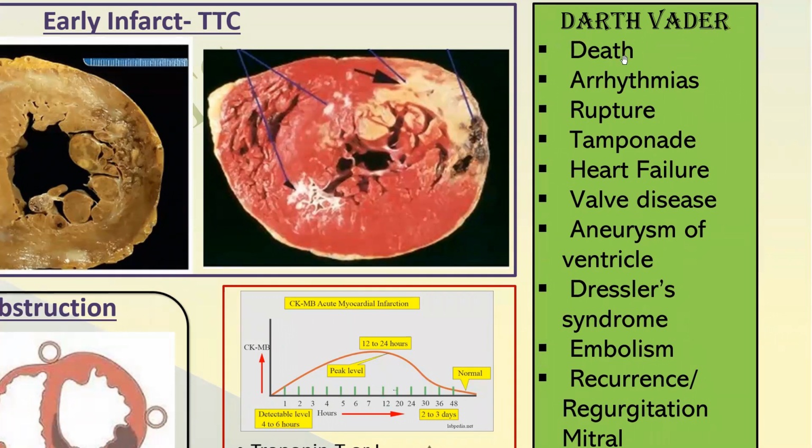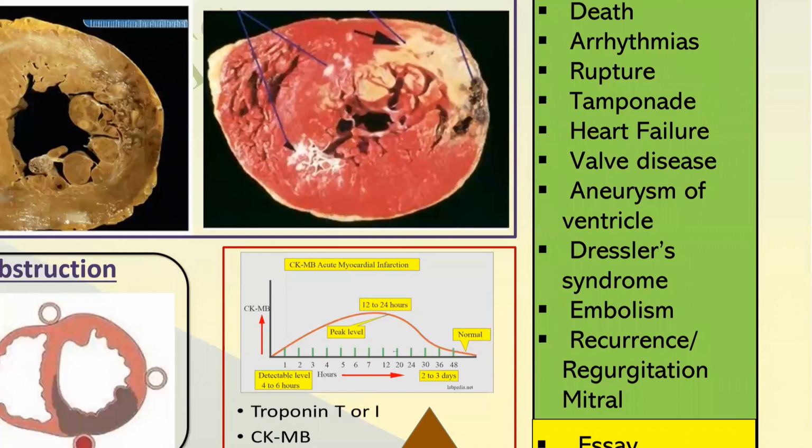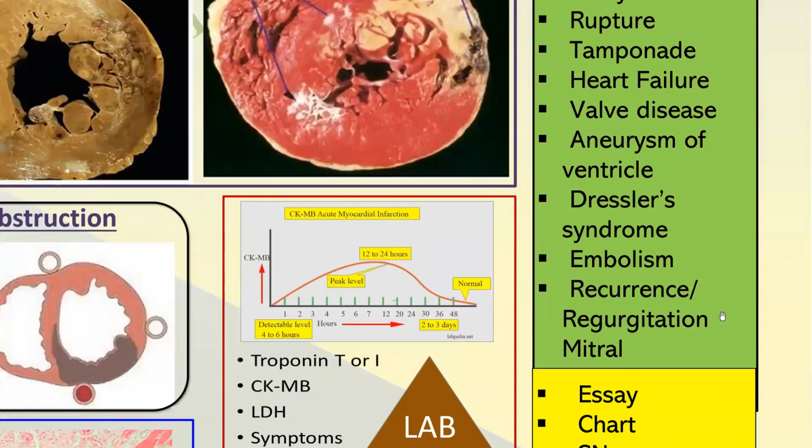Darth Vader: death, arrhythmias, rupture, cardiac tamponade, cardiac failure, valvular disease, aneurysm of the ventricle, which becomes weak and distended, Dressler syndrome, embolism. There can be a recurrence of the infarct, or a regurgitation by means of valvular incompetence, mainly the mitral. So this mnemonic, I would like you to kindly learn.